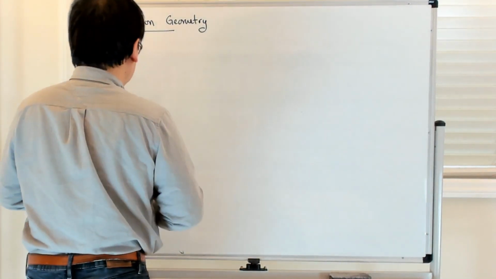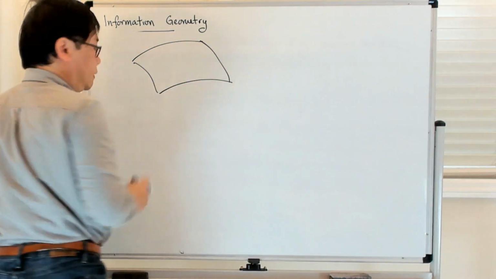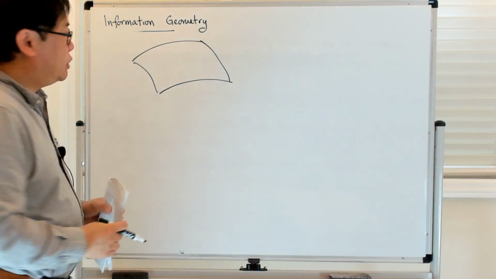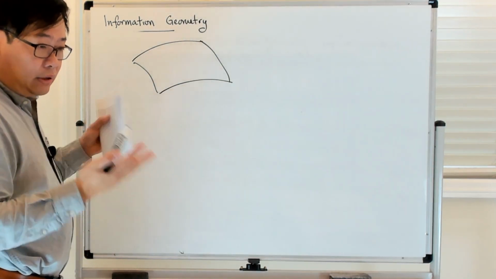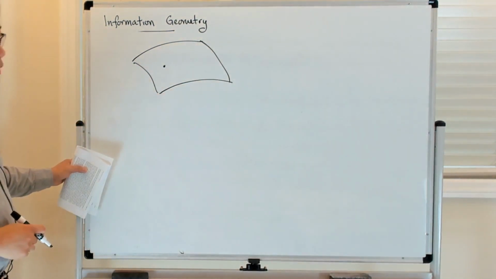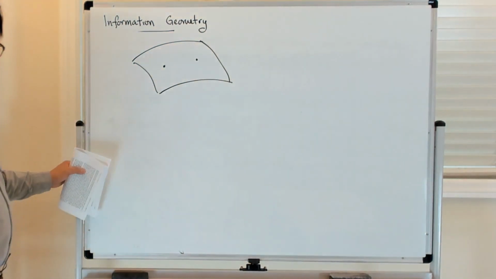So imagine this space of models is some sort of curved space. To make life easier, let's assume that reality, or what you're trying to model, is a point on that curved space, and your best guess is some other point on that space.